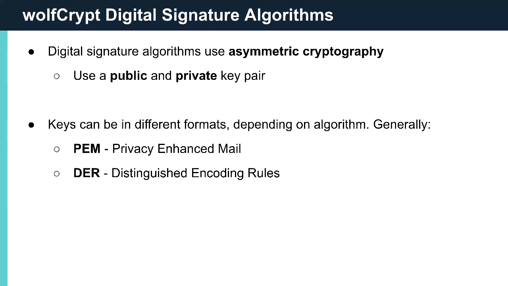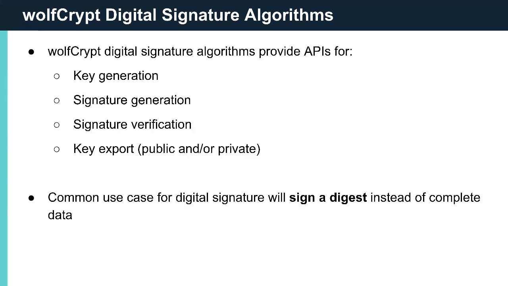PEM is more of a base 64 encoded format, or usually a file, and DER is more of a binary representation. So inside of our support for digital signature algorithms, we have APIs for key generation, signature generation, and verification, and then key export of either the public or private or both.